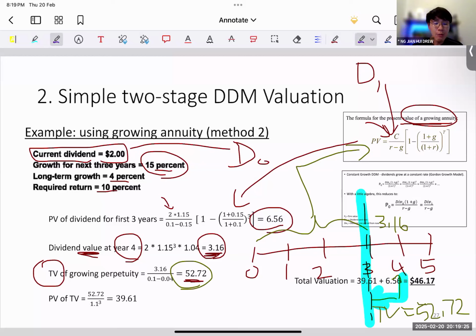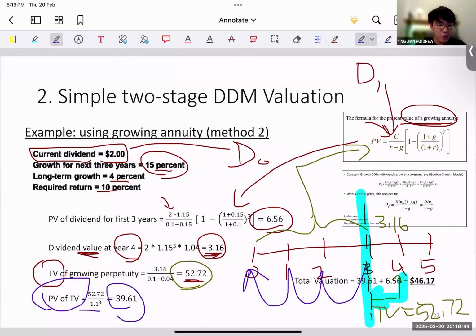But the thing is, now we know its terminal value at year 3, meaning that we need to bunny hop back how many times? 1, 2, 3. So we need to hop back 3 times, which is why we present value the terminal value. Okay, so once we have determined the present value of the terminal value, we just add which 2 figures? We add figure 1 here with figure 2 here to give you the valuation of this firm.